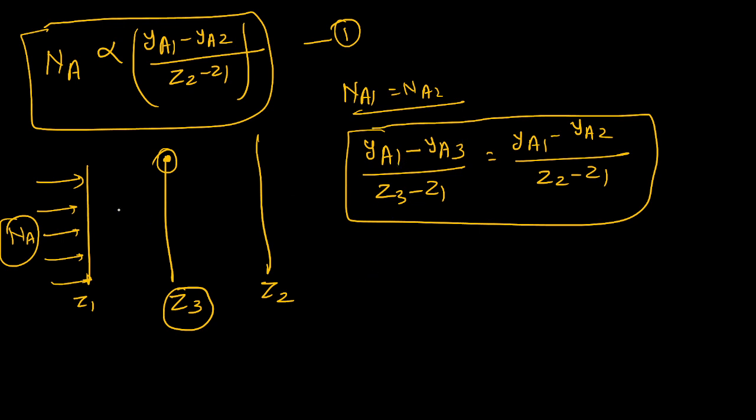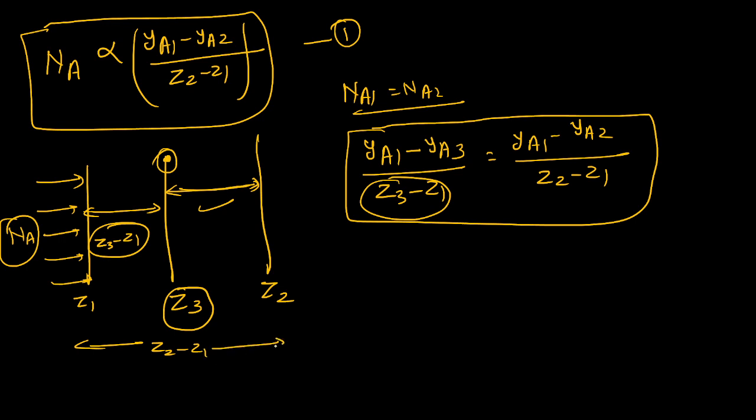So this is the distance only. Z3 minus Z1 is this distance, and Z2 minus Z1 is this distance. Only you will have to substitute the magnitude, right?